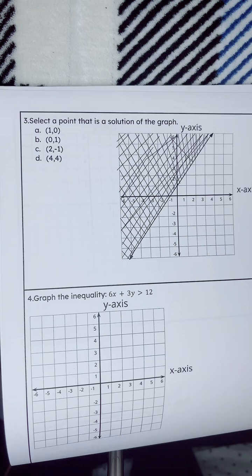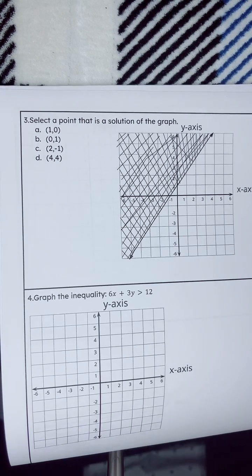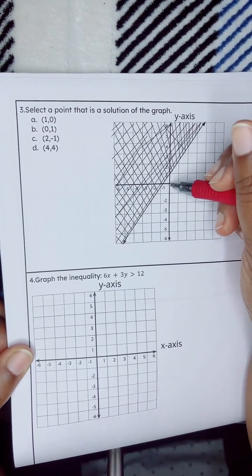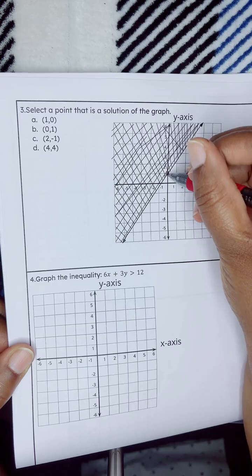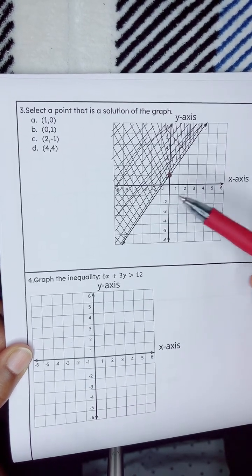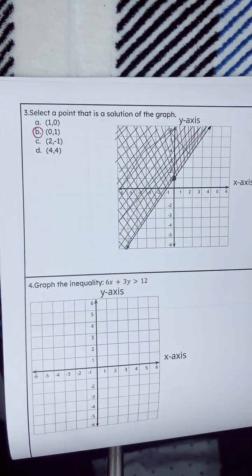I see B. Okay, I see everybody got B. So B is 0, 1, which is a point right here. You can see it's on a solid line, so it is included. So B is our answer.